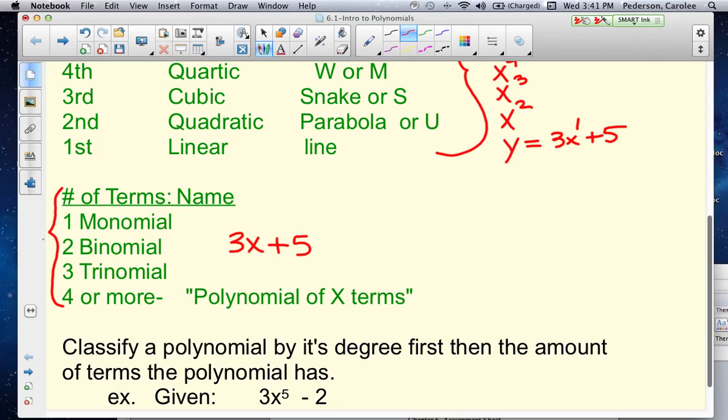If you have a trinomial, that means you have three terms, something like this. x squared plus x minus 9. 4 or more terms doesn't have a fancy name. We just call it a polynomial of x terms. So if it was 5 terms in it, we'd say a polynomial of 5 terms. And here would be an example of a monomial.